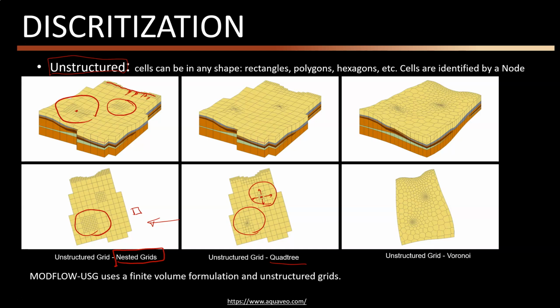But the most interesting and useful unstructured grid system is the Voronoi system, where, as you see, the cells are not cubic, and they may have different shapes. And if you want to increase the resolution, you can simply increase it locally there.